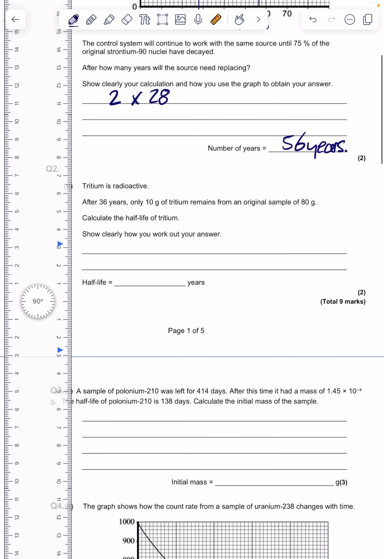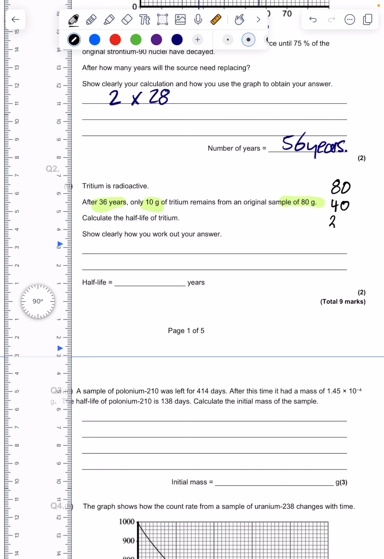The next question says, deuterium is radioactive. After 36 years, only 10 grams remains from an original sample of 80. Calculate the half-life. So for this one here, if we start off with 80, after 1 half-life we're going to have 40.